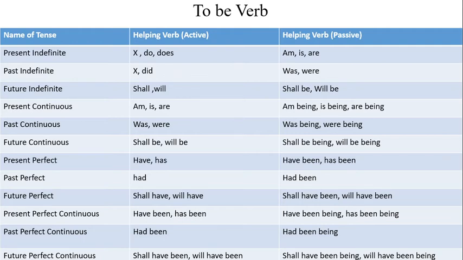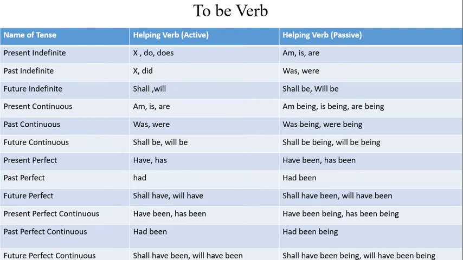Now look at the present perfect continuous tense. Passive verb is have been being/has been being plus past participle form of verb.